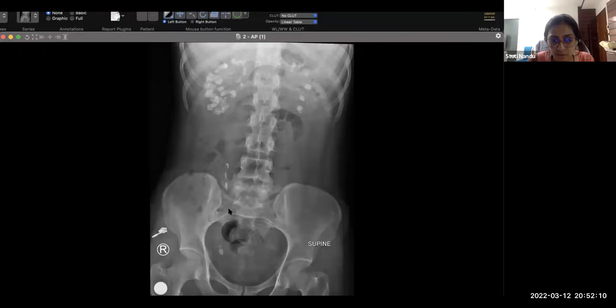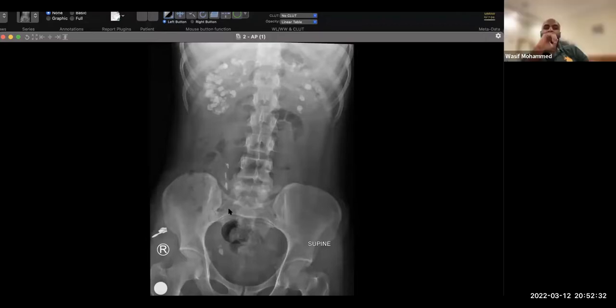Although on this scan, I do not see any other features like Rugger jersey spine to suggest that there is any secondary renal osteodystrophy. And I'll refer the patient to the urologist for further management.